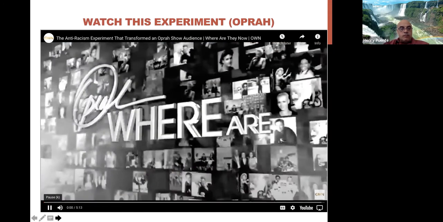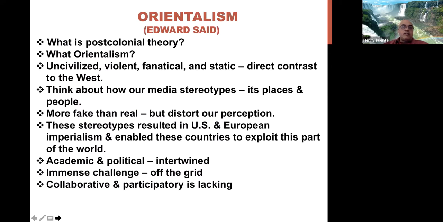So moving on to Edward Said and his theory of Orientalism. It's a really cool theory. He basically coined or helped develop post-colonial theory.